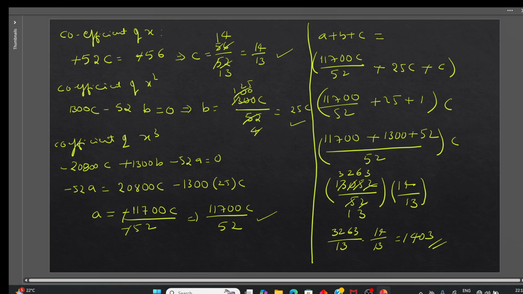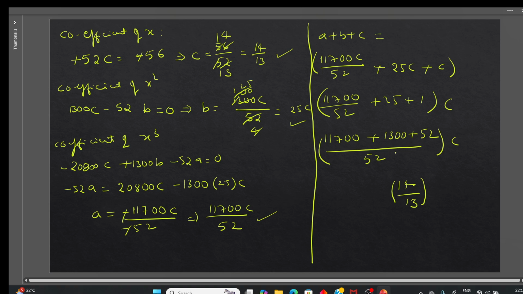Once you check this calculation part, there is a mistake. 25 into 52 is 1300, right?